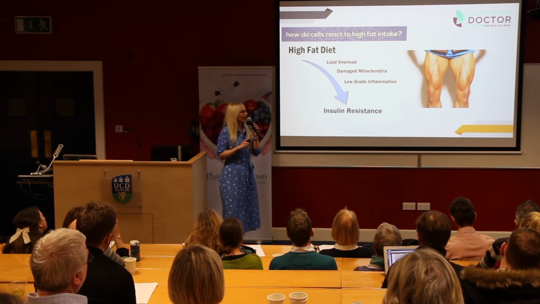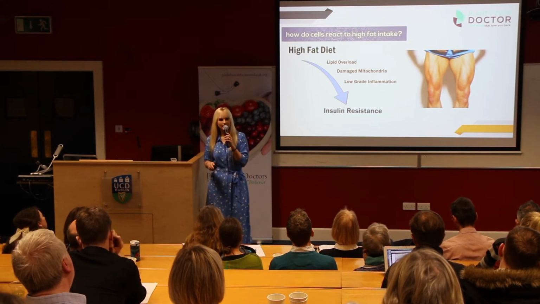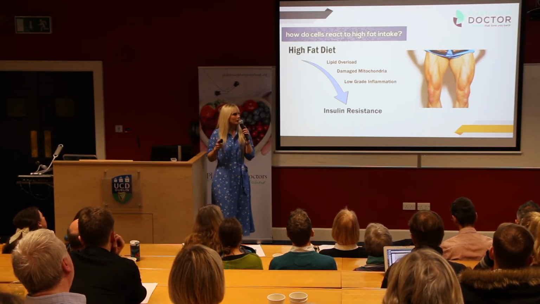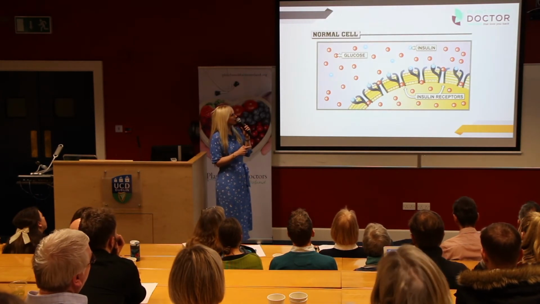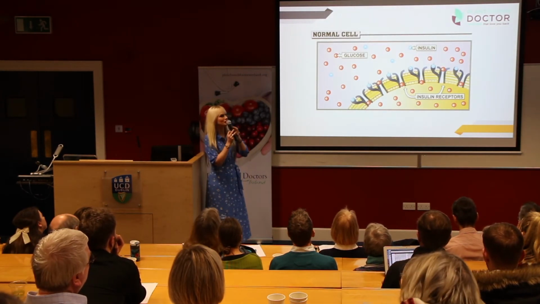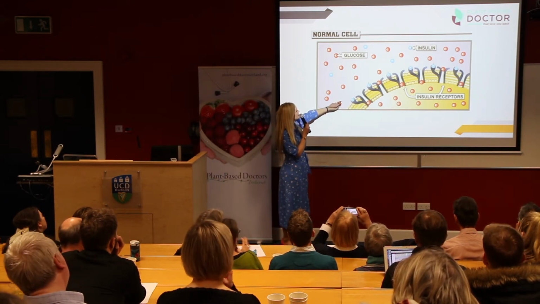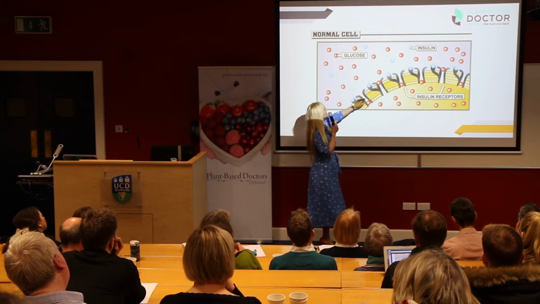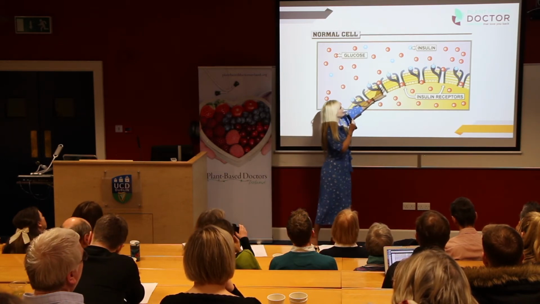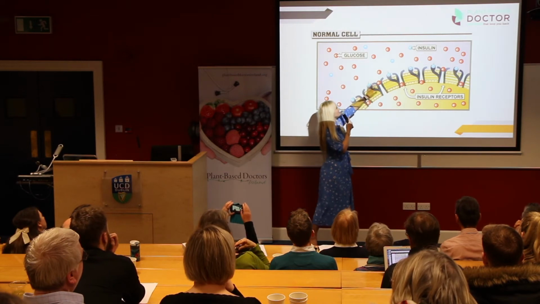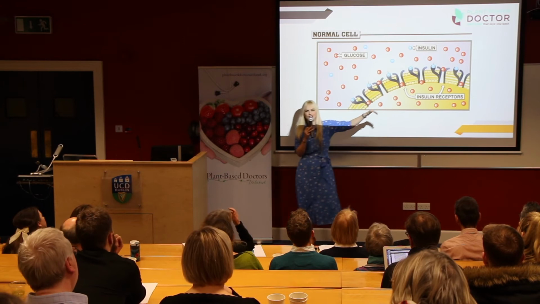But let's talk about what happens next. So I mentioned that the fat gets absorbed more quickly. So what happens is insulin resistance. If you imagine this is a normal cell right here, you've got the glucose in red, and then you've got these little bits of insulin in blue, and then the insulin receptors on the cell lining have to grab the glucose and the insulin to allow the glucose into the cell where it's needed for energy.